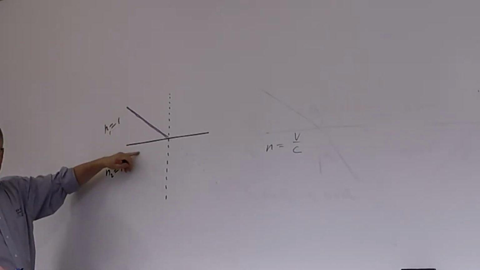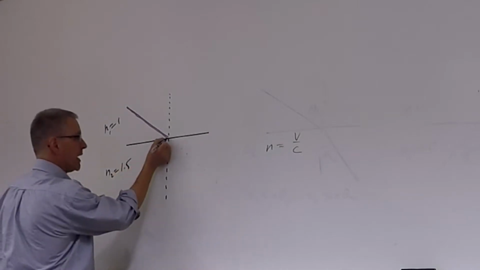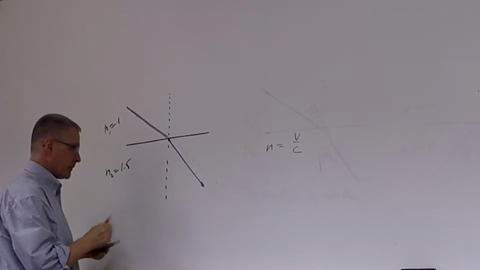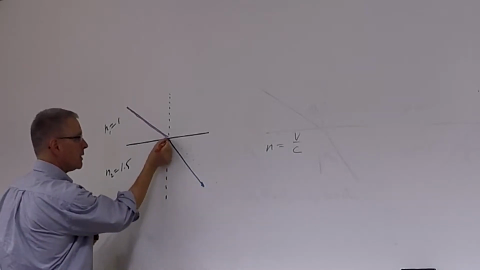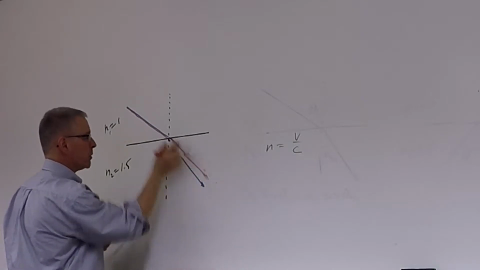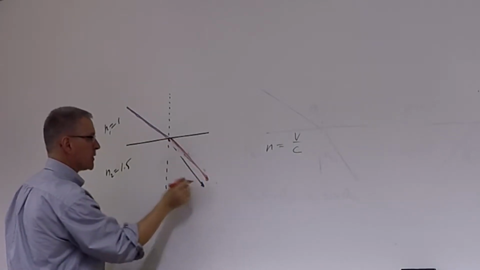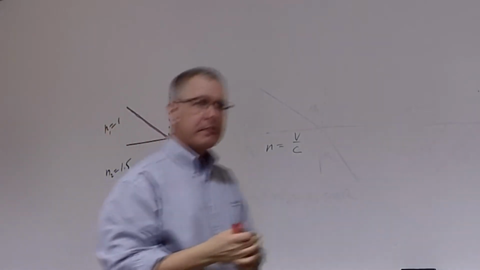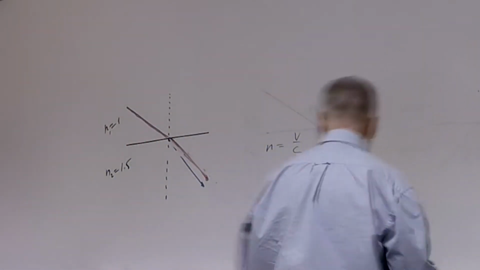So if blue's seeing a little bit larger index of refraction, you'll actually start to get these guys to split. So you should bend those a little bit more. So not straight, but it's bending.